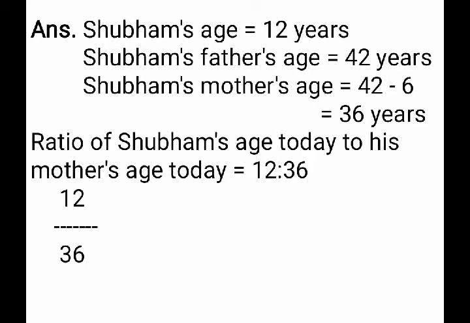Number 12 and number 36 are in the table of 12. That is equal to 12 1s are 12 upon 12 3s are 36. Cancel 12 in numerator and denominator.